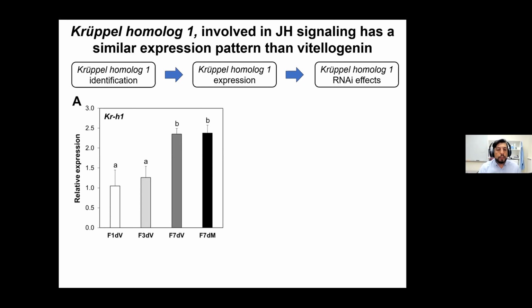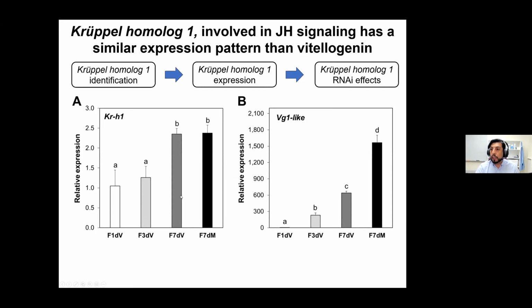This is what we observed in the gene expression: there is an upregulation of the gene as the insect ages. At the same time, we analyzed the expression of vitellogenin in the same stages, V meaning virgin and M mated, and we found that the expression was kind of similar. As they were related, we assumed that Krüppel homolog 1 could be involved in vitellogenesis.